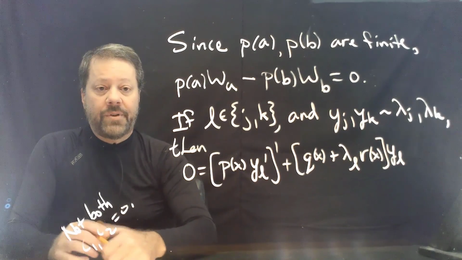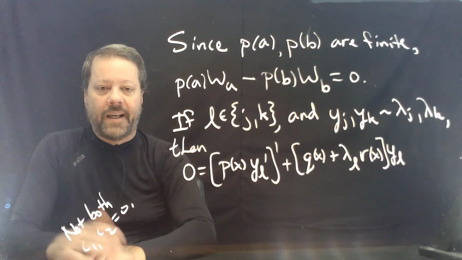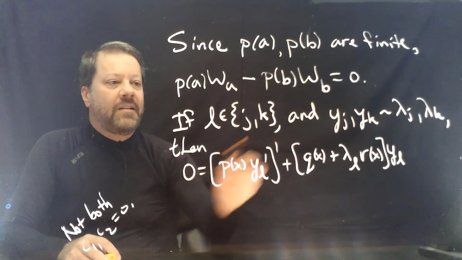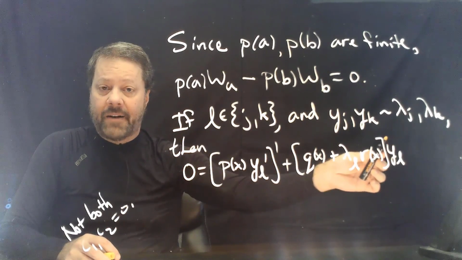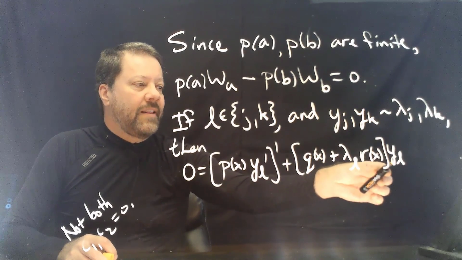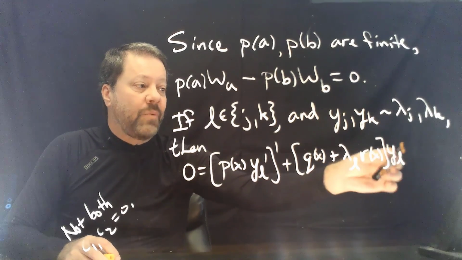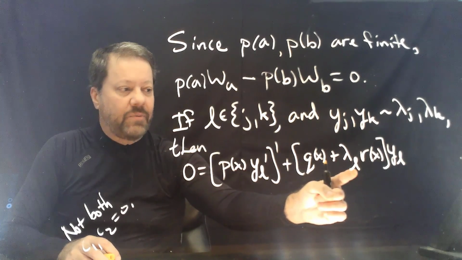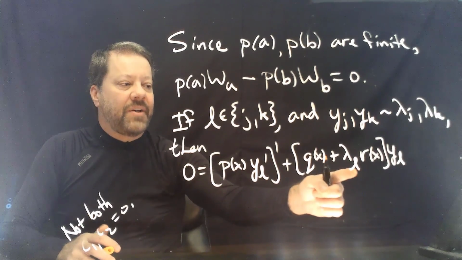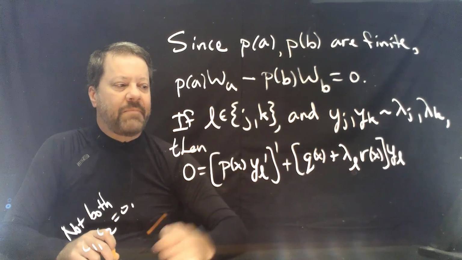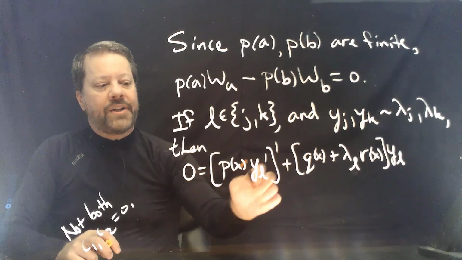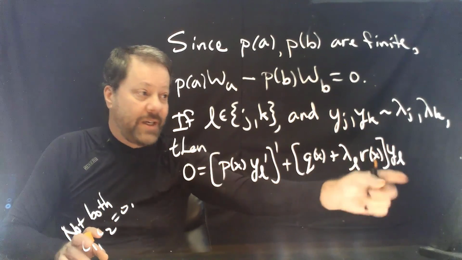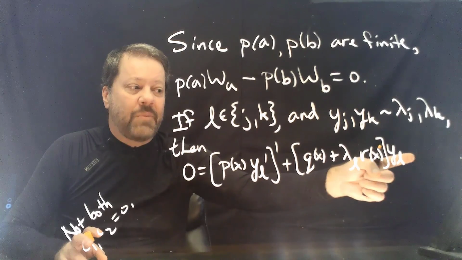And hence this must be true for both L being j or k. We'll multiply the expression with L equals j by y sub k throughout the entire equation. When we do, this last term will have y sub j, y sub k on it. This lambda term will have a lambda j, so keep that in mind. On the other equation with L equals k, we'll multiply through by y sub j throughout the entire equation. We'll have a y sub k, y sub j multiplied on at the end.